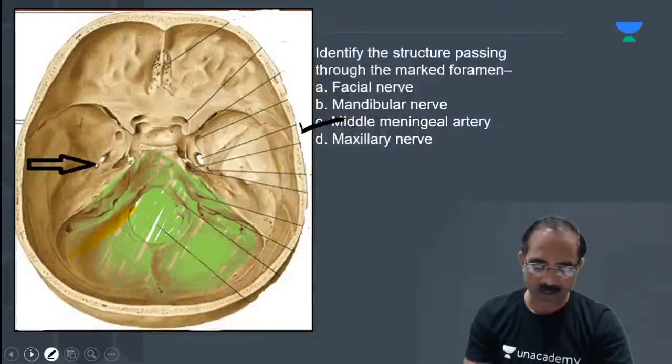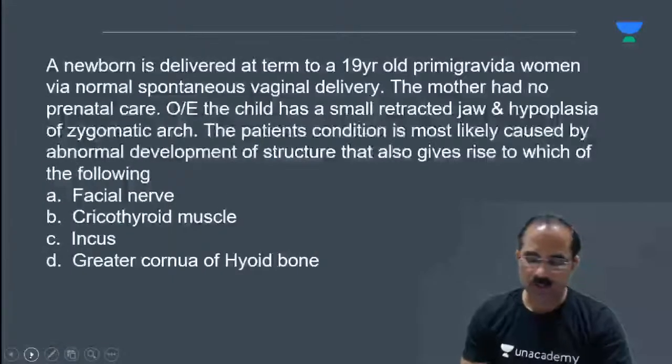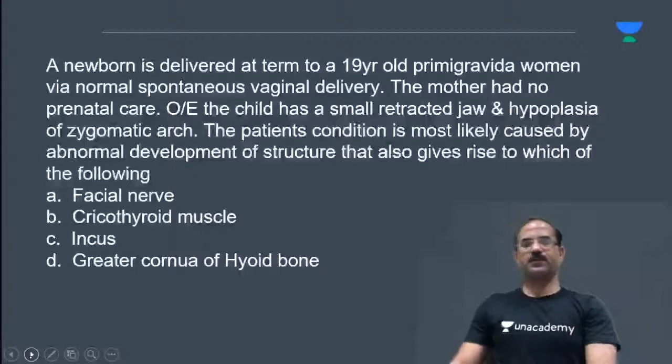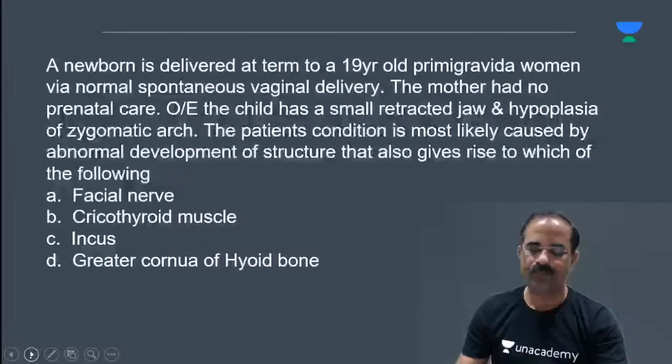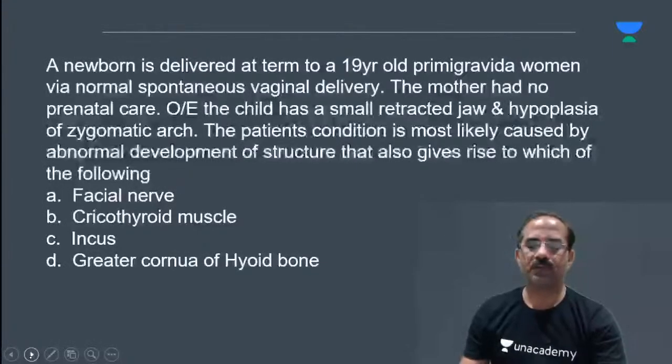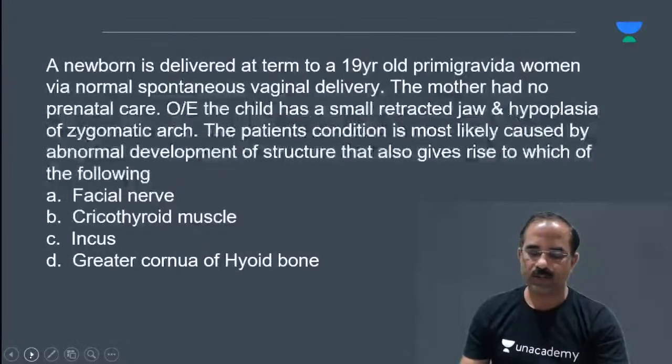Perfect. Okay, students, we go to the next MCQ. Chalo, answer this. A newborn is delivered at term to a 19-year-old primigravida woman via spontaneous normal vaginal delivery.